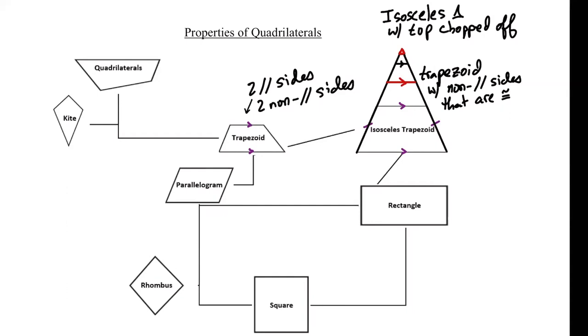I mean, they're all quadrilaterals, but opposite sides are parallel. Opposite sides are parallel, and there's no other requirement in order to become a parallelogram, but there are other properties. We'll get into that as we go forward.